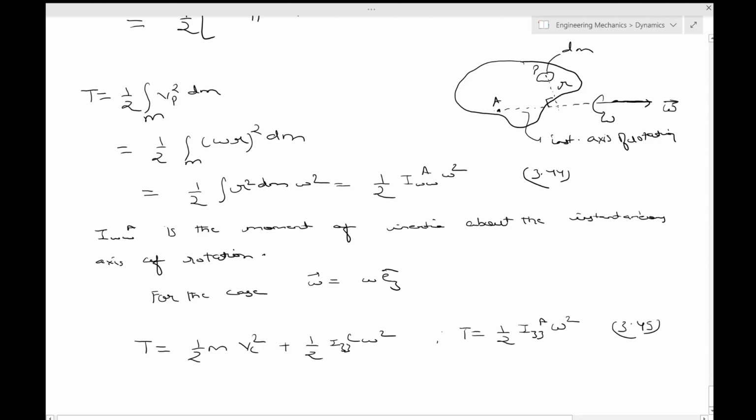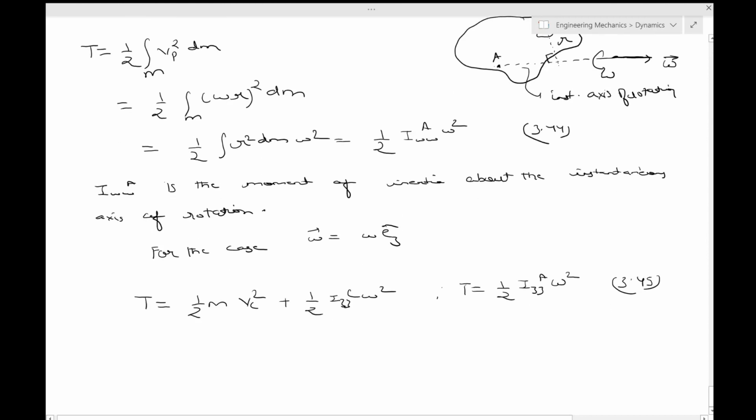This is 3.45. So v_A would be equal to 0 clearly. That's why we are able to get it. So you have to use equation 3.37 and 3.44.